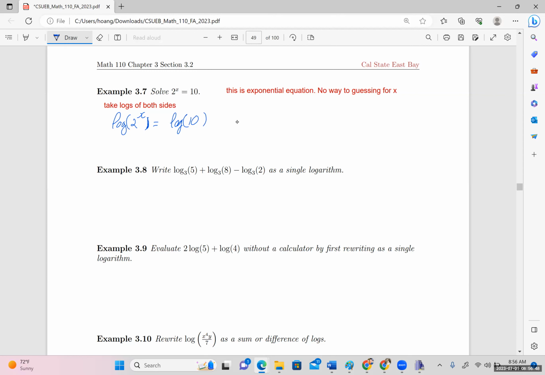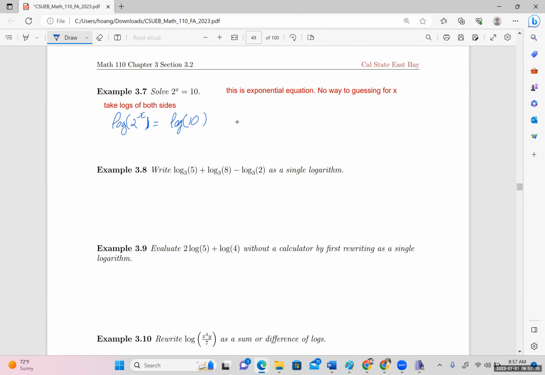You say take logs on both sides, because that means on the left-hand side you are saying, what is the power of 10 to get 2 raised to x? Okay, that's right.